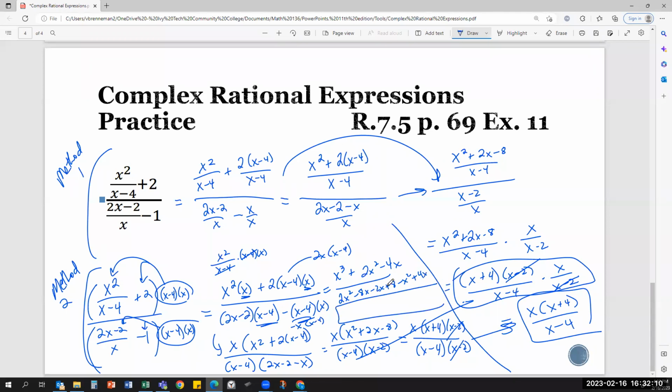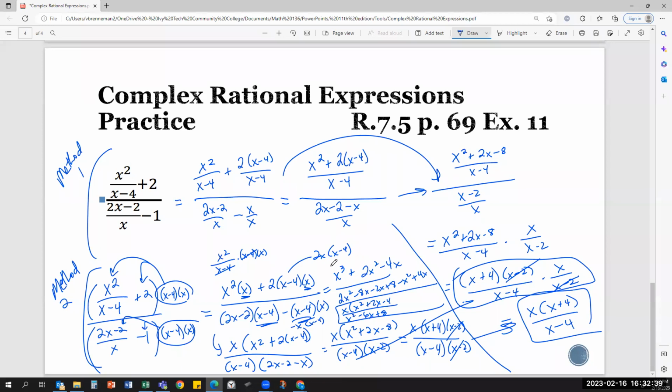And then on the bottom there would be x squared minus 6x plus 8. And then we have to factor back out again. So this would be x times x squared plus 2x minus 4.